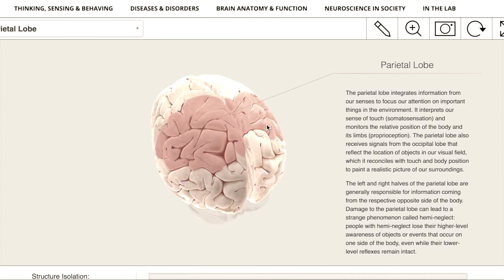The parietal lobes on the right and left side are very different. So on the left side in the parietal lobes, for most people that have language control on the left side, that's where Wernicke's area is, right in there, which is the seat of comprehension and understanding the spoken language.